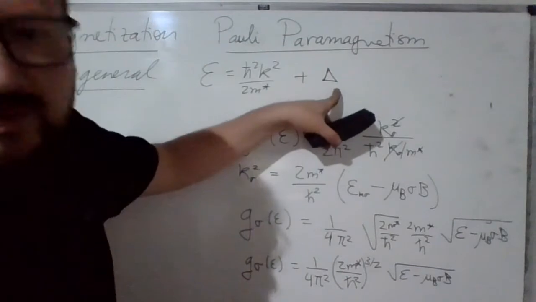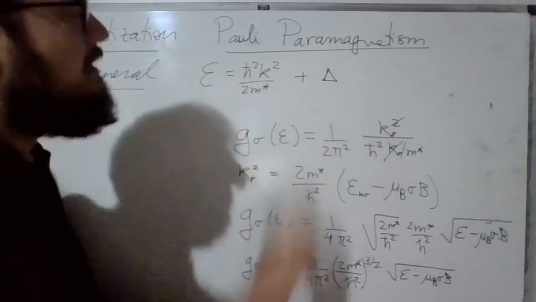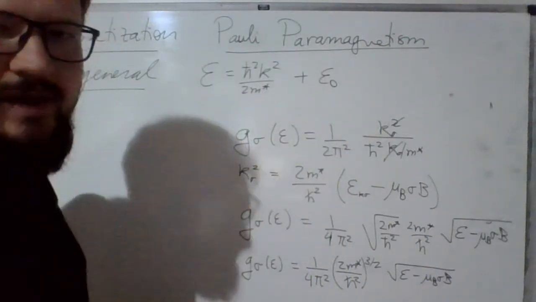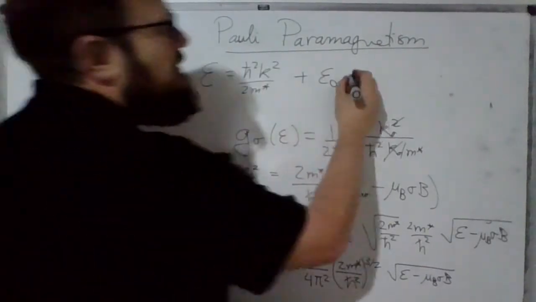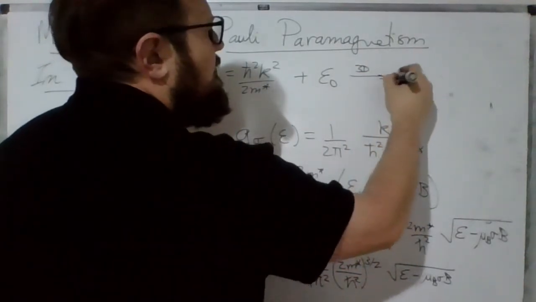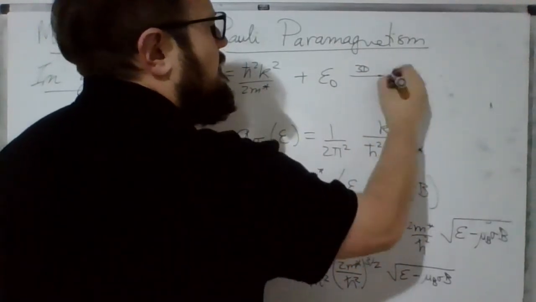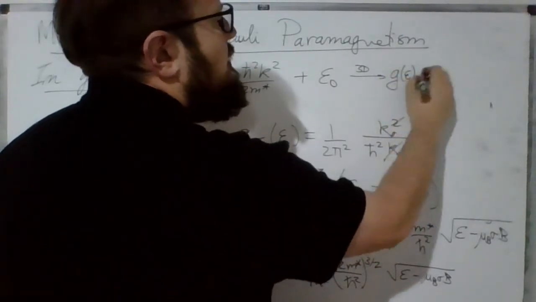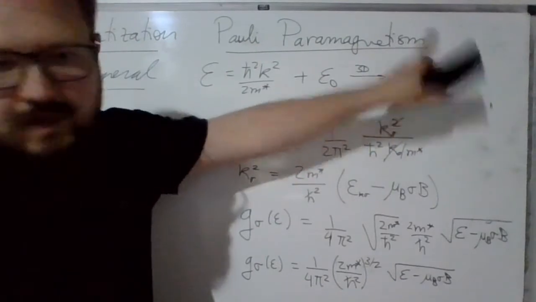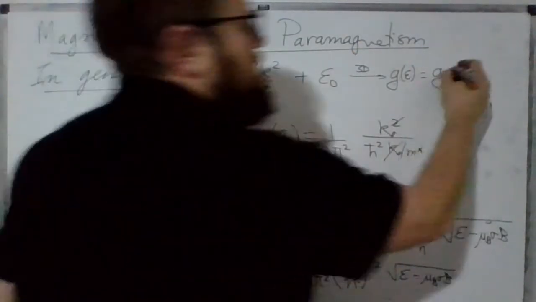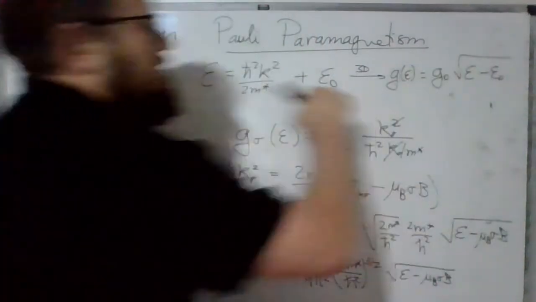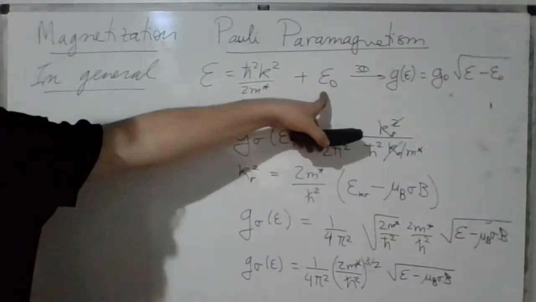This delta is some shift in the energy scale, or you can plug in here some E naught. All right, this corresponds in three dimensions to the density of states G of epsilon equals some G0, a constant, times the square root of the energy minus that reference level.